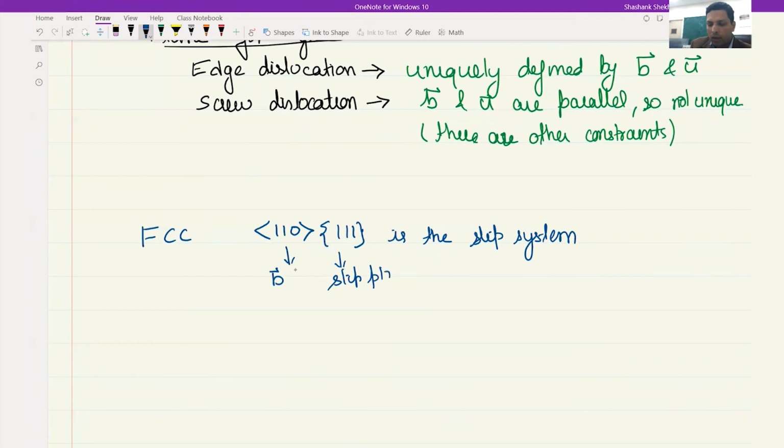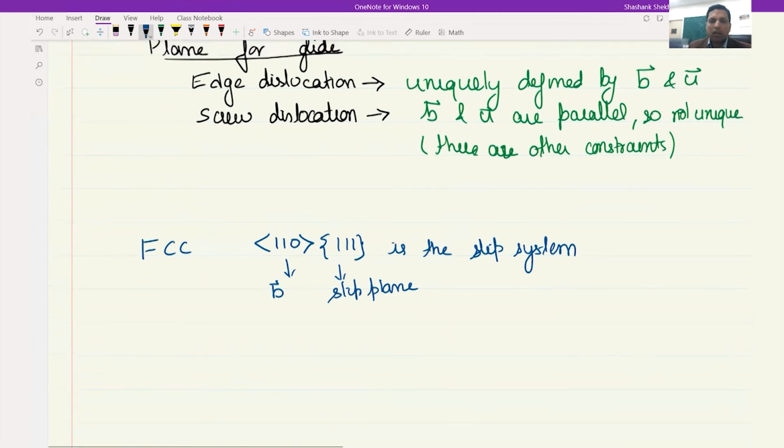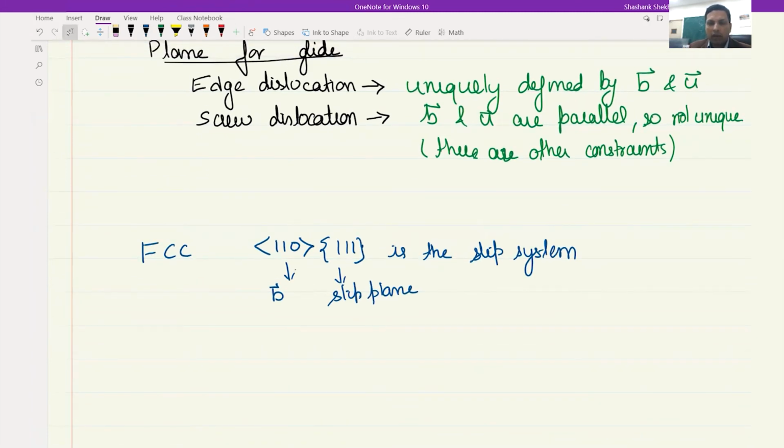So now you can clearly see that not any plane can be the glide plane. It is true that for edge dislocation we will still have only one particular plane, but for the screw dislocation, it may not be defined by the Burgers vector and line vector, but it will still be limited to only these sets of 111.